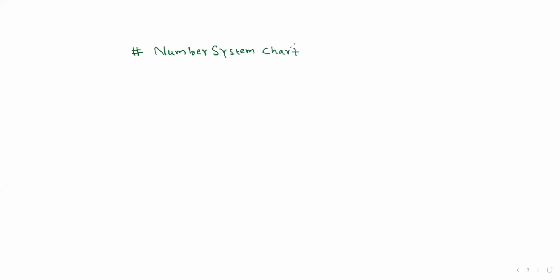Number system chart. Okay, so beta, here I will discuss complete information about the number system.